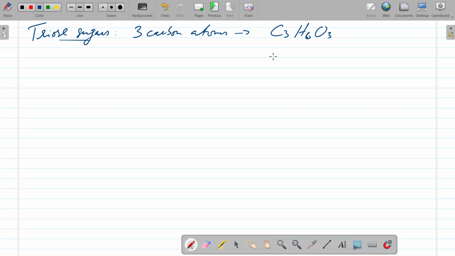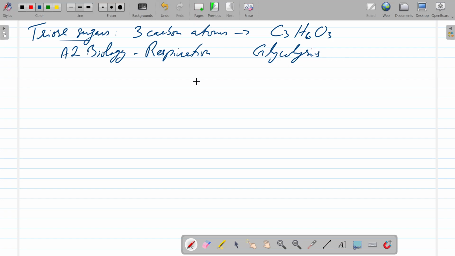Now, they haven't named any particular one over here, but it's something that you will come across in A2 biology when we study respiration, and that recording is available because we already covered that in A2 biology, so if you want to go and check it out. Triose sugars are involved in the process of respiration, like glycolysis. Just to hint at that, that's all we mentioned.